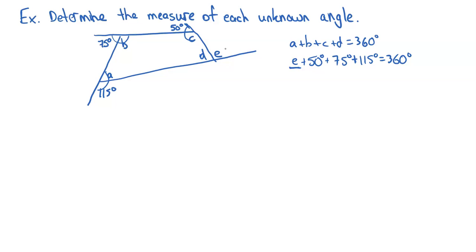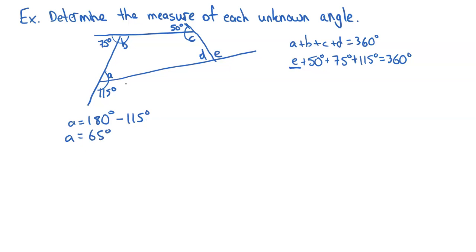And then once I know what A, B, and C are, I can solve for D. So what I'm going to start with, I'm going to start by solving for each of the A, B, and C. So we know A is equal to 180 minus 115. That gives you an angle of 65 degrees.